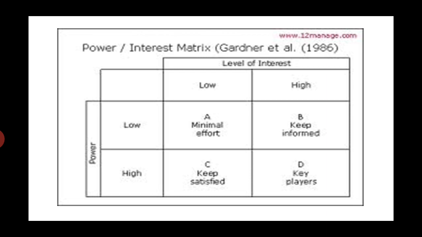Keep satisfied because they are important and powerful to the organization. Come on, a second to write. Are they customers or shareholders or employees? To me, all of them. All of them should be kept satisfied.